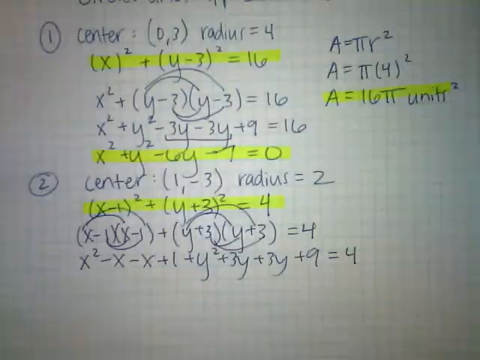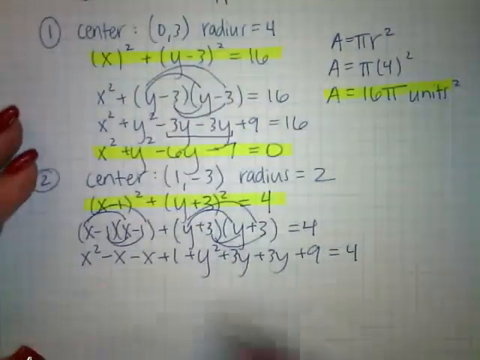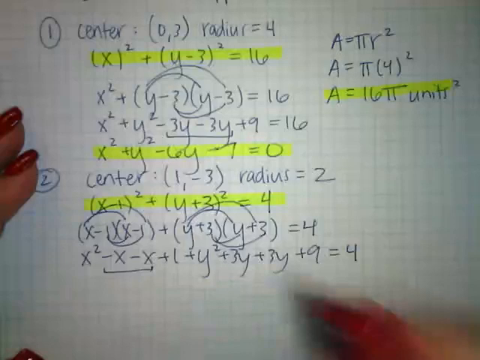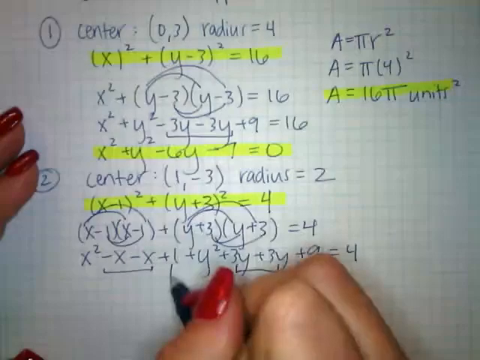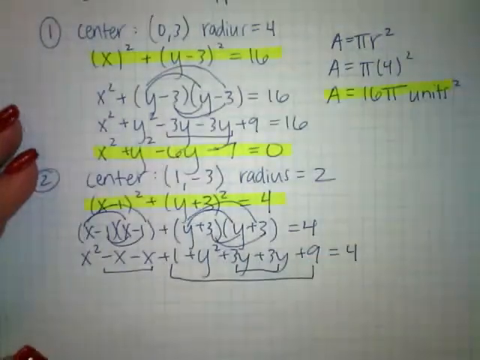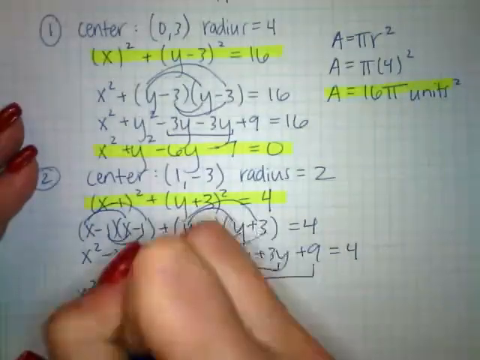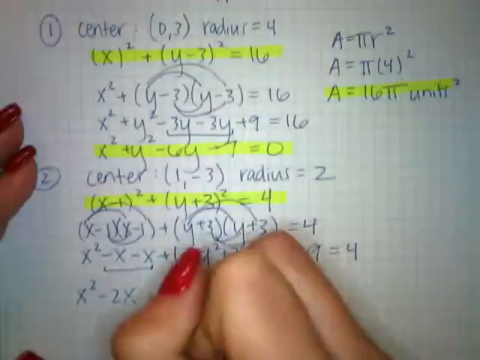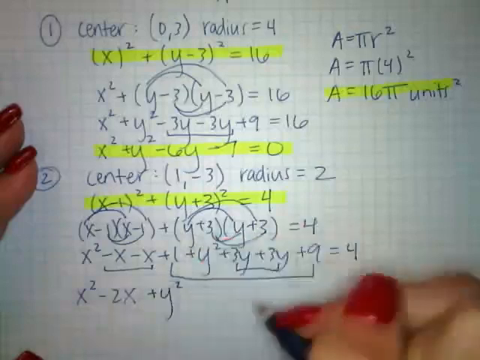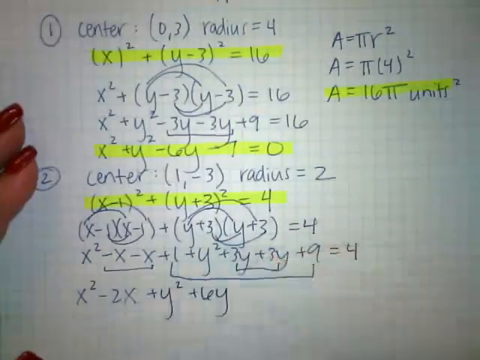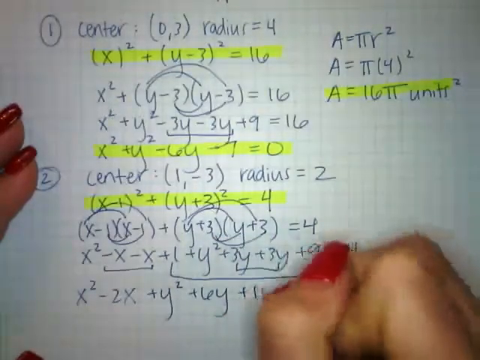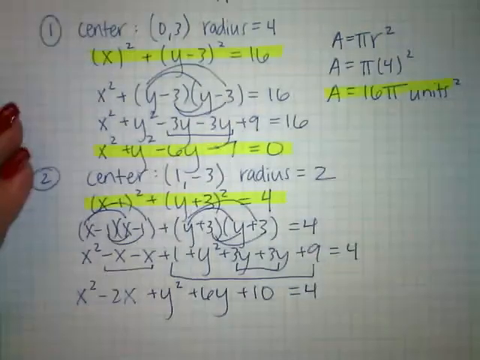Okay, we can start combining like terms, giving me x squared minus 2x plus y squared plus 6y plus 10 equals 4.